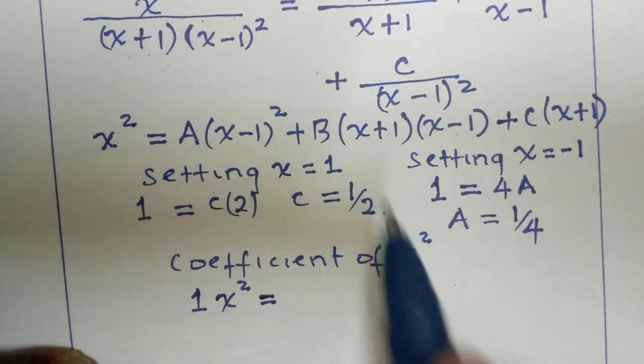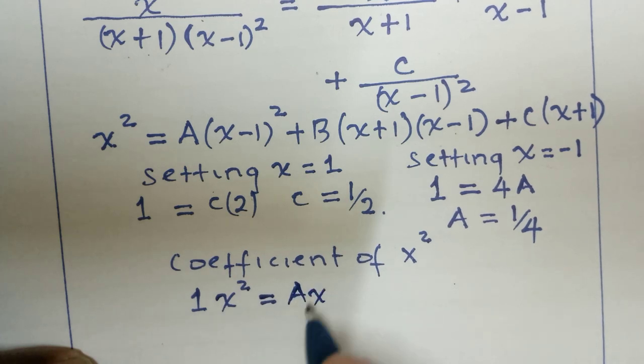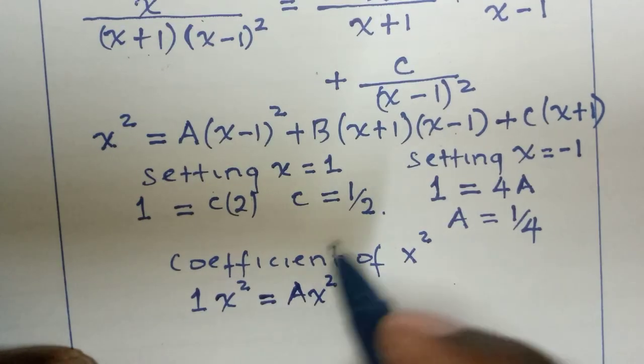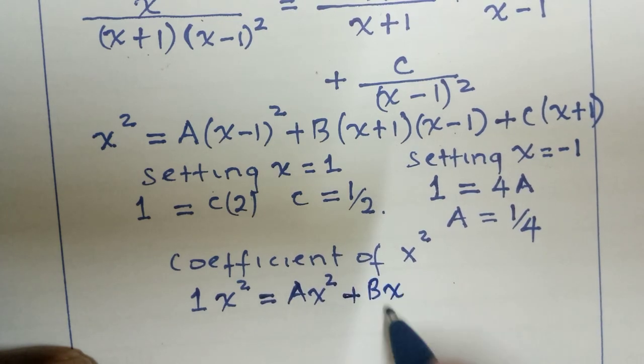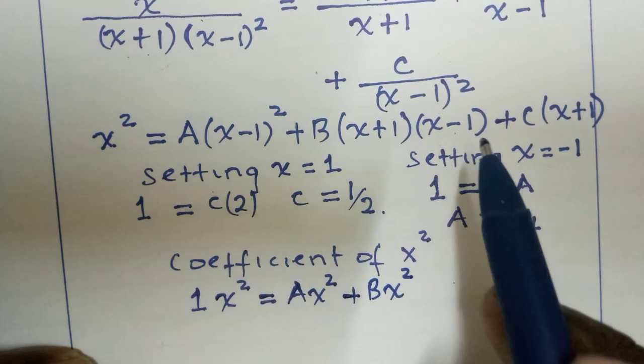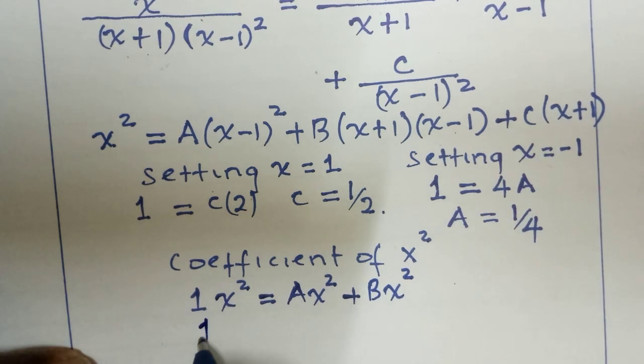For this one, it will be a x squared. And for this, we will have b x squared. And for this, we don't have. So we shall have 1 is equal to a plus b.